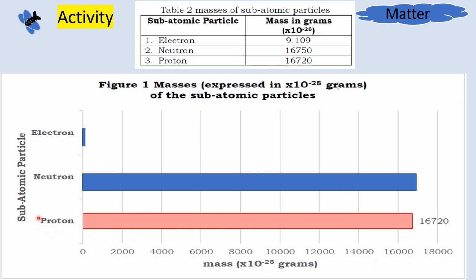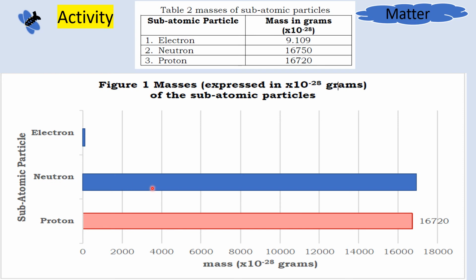Okay, for the proton, this is given. The mass of the proton is 16,720, as converted already, times 10 to the -28 power. So the proton bar must be here.